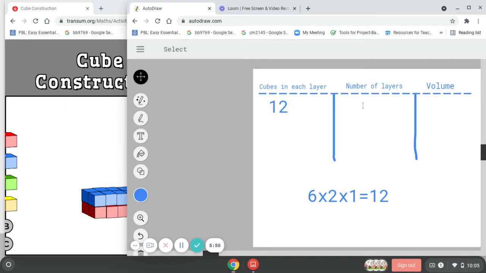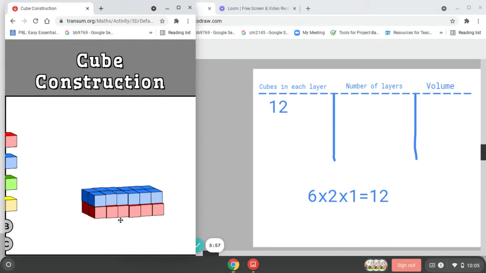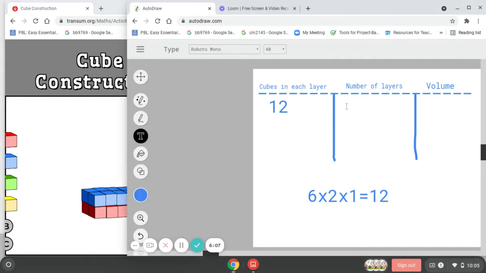Okay. Now we're going to see how many layers we have. Well, we have one layer here, and we have another layer here. So that means we have 2 layers. And now we are going to find the volume.